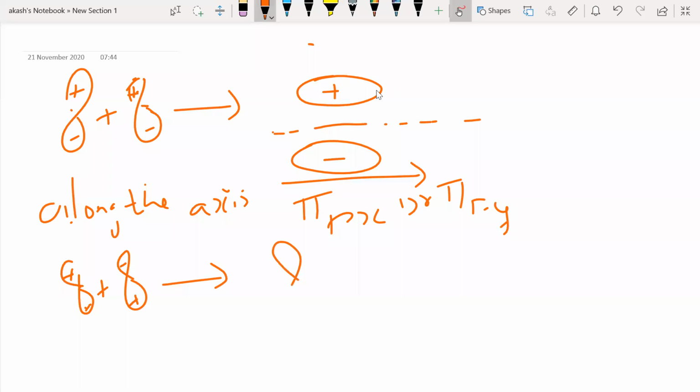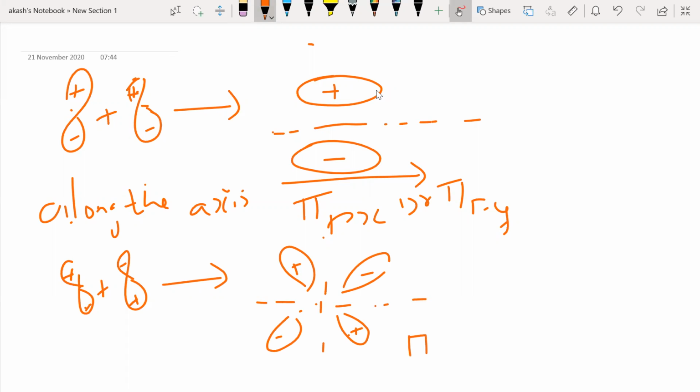You will see something like this. Positive, negative, positive, negative. This would have been the shape of your anti-bonding. This is my pi star px or py.